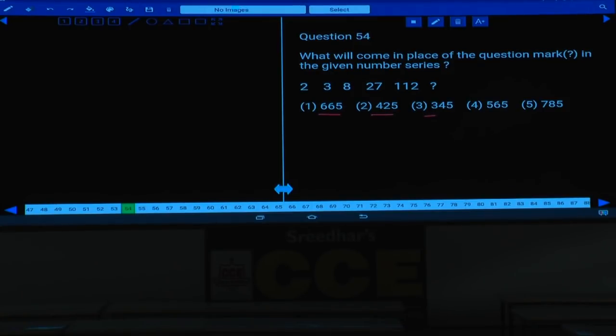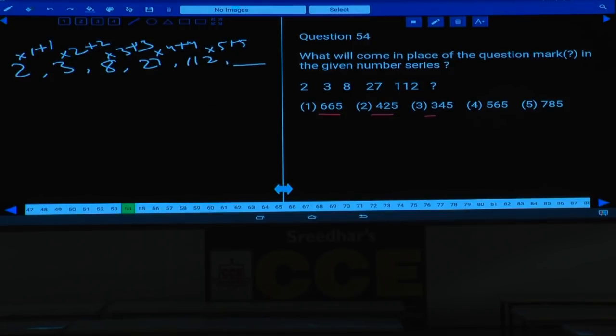As the numbers are increasing at a very fast rate, hence it must be under combination or product. 2 into 1 plus 1 is 3, 3 into 2 plus 2 is 8, 8 into 3, 24 plus 3 is 27, and 27 into 4 plus 4 is how much? 108 plus 4, 112, and finally 112 into 5 plus 5. 112 into 5 plus 5 is how much? 565, choice 4. 565 or 660? 565, choice 4. Hence 54, it is choice 4.